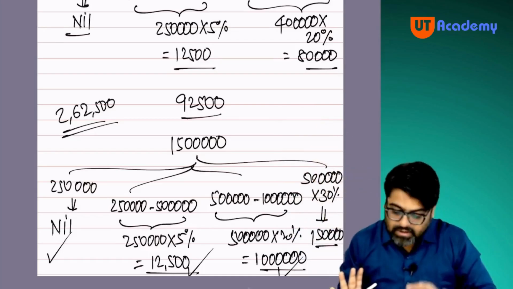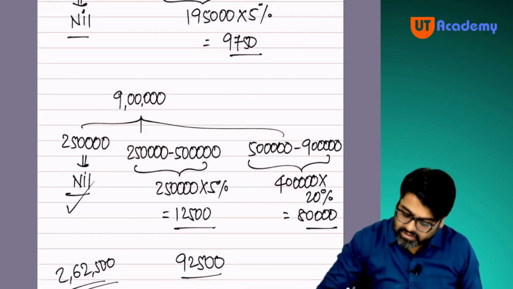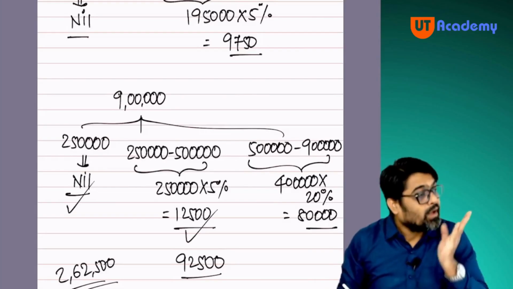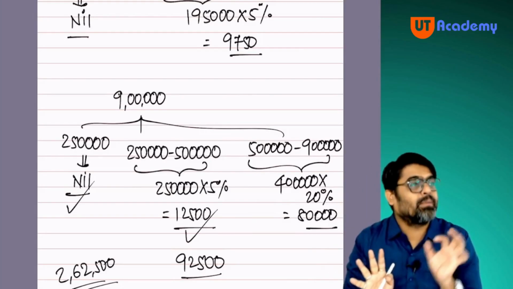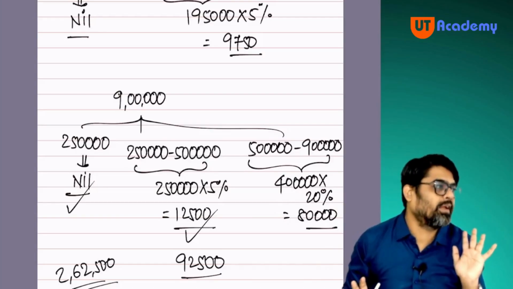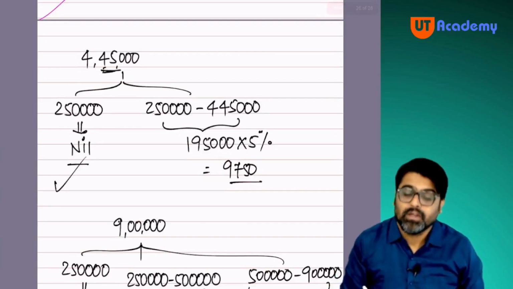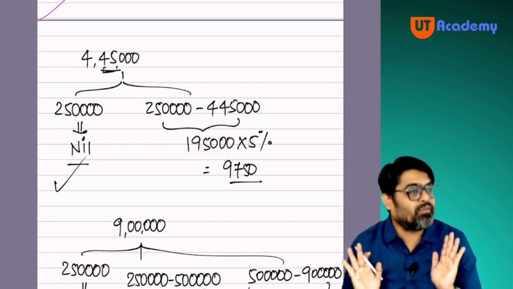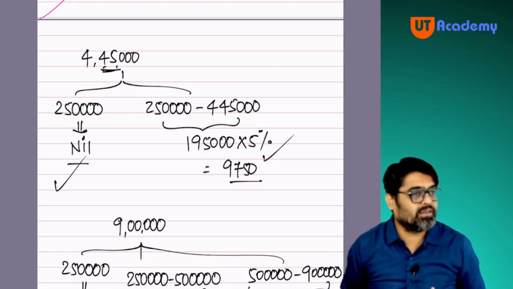Yes or no? Now if my total income is 9 lakh, so can I say this and this is fixed? Anything over and above 5 lakhs up to 10 lakhs, I am supposed to calculate 20% only. Yes or no? Now can I say 12,500, this is fixed. Anything over and above 2,50,000 up to 5 lakh, I am supposed to calculate 5%. Will you remember these rates?